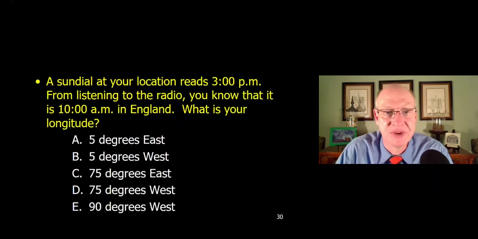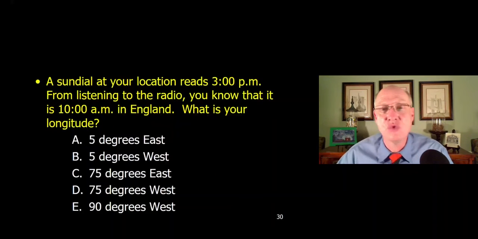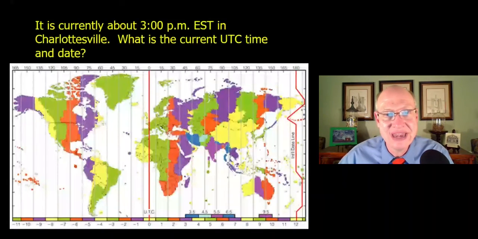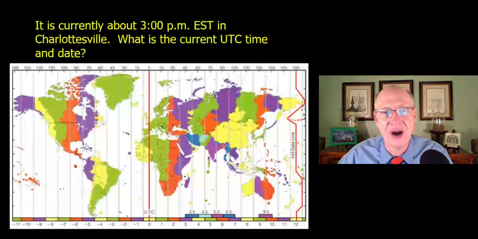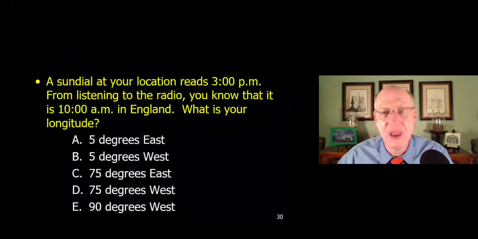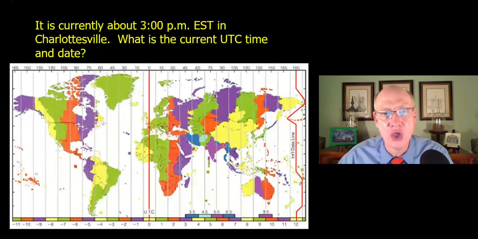All right. Did you figure this one out? The important thing here is it's 10 a.m. in Greenwich, England. So right here on the prime meridian, it's 10 a.m. In your location, it's 3 p.m. So where are you on the globe? Well, you must be further to the east, because if this is 10 a.m., this is 11 a.m. Remember, it gets later as you go to the east.